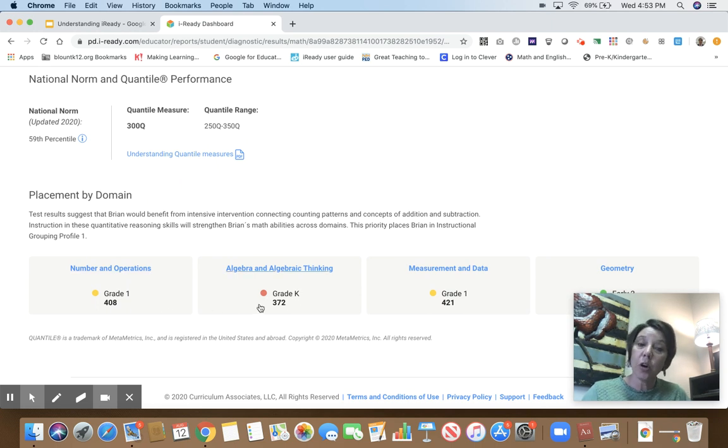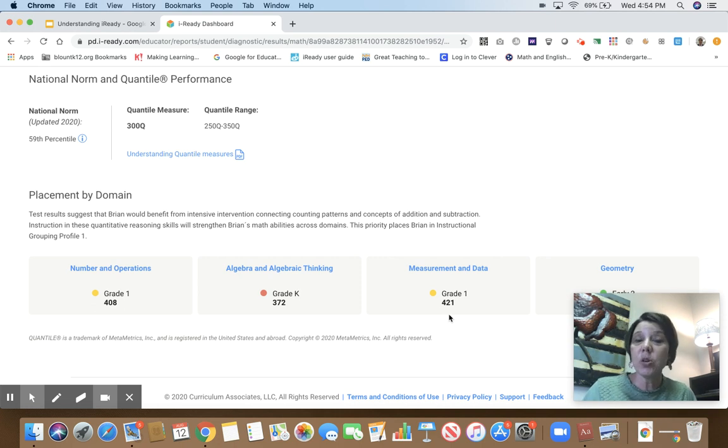We want them to grow. So here, our kids can see exactly where they started the school year, and then they can monitor their progress, as we talked about earlier when we were looking at the slides, and can see where they have grown. They can also see where they need to grow the most.